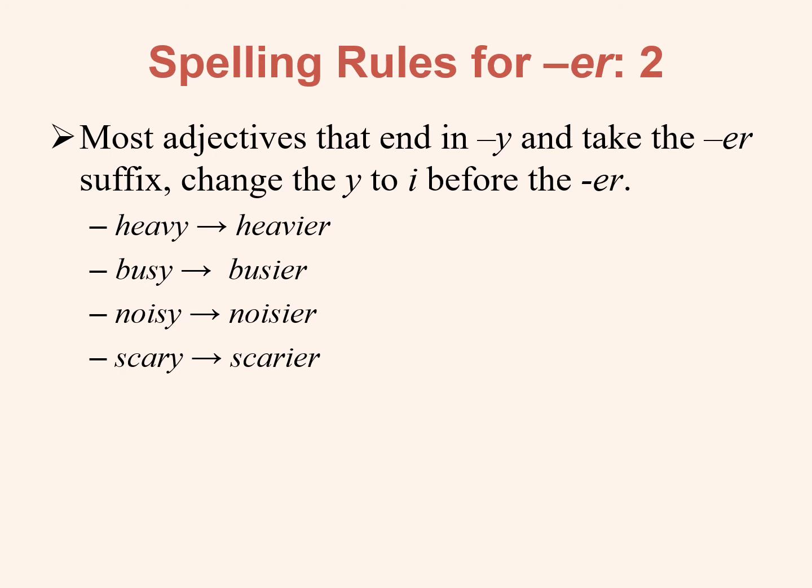Busy, which ends in the letter Y, we change the Y to I and add ER. So with most descriptive adjectives that take the -er, if they end in Y, we change the Y to I before adding the -er. Again, as with the doubling of the consonants, this has no effect on pronunciation. This is purely a spelling rule.